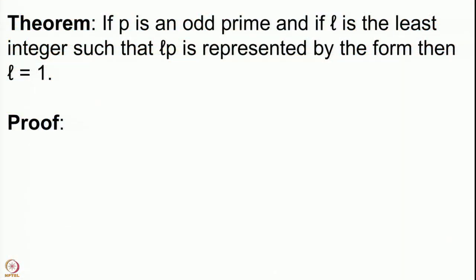So, this is the theorem that we want to prove, that if P is an odd prime and if L is the least positive integer with the property that LP is represented by the form, then L has to be 1. So, we will start by assuming that L is not 1 and get a contradiction.